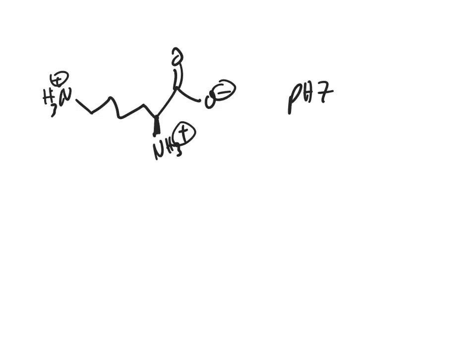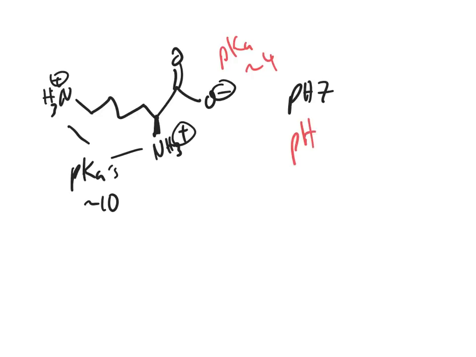So now we have 2 amines, and both of these have pKa's around 10. And again, this pKa for this carboxyl group is around 4. So now when we drop to a pH of 2, we're already below pKa of this guy here, so now we're only modifying this carboxyl group.